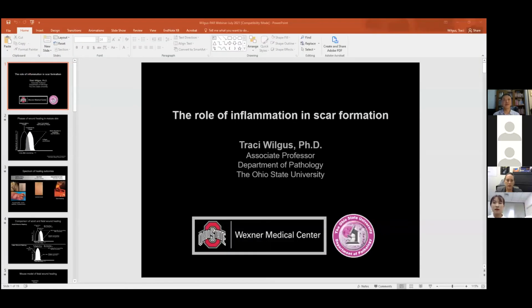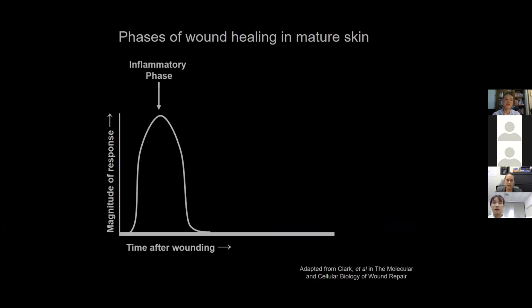The repair process typically begins with an inflammatory phase, followed by a proliferative phase, which then leads to scar formation. So collagen is deposited, as well as other extracellular matrix molecules, and then those ECM molecules are remodeled to form mature scar tissue.